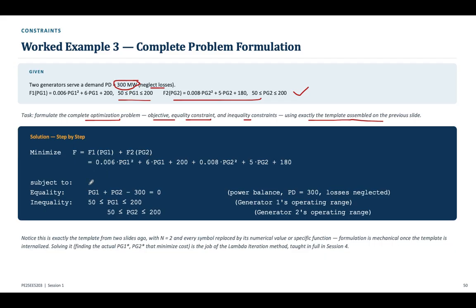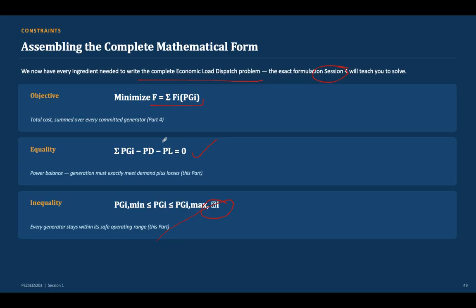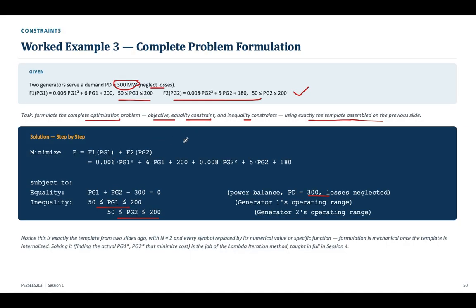Anyways, so for inequality, we have a formula for it, and you have limits, right? This is the inequality. So for equality, we have this formula. So power balance, PD is equal to 300 here, because you can see from the formula you have PD here, right? Power demand, and it has also been said that losses are neglected. Generator 1's operating range, this is generator 2's operating range, right?